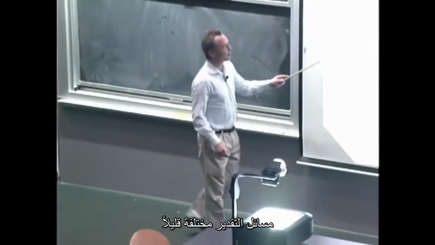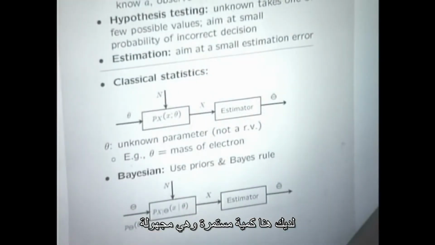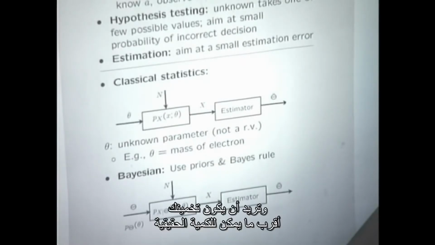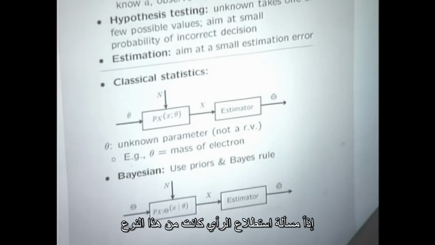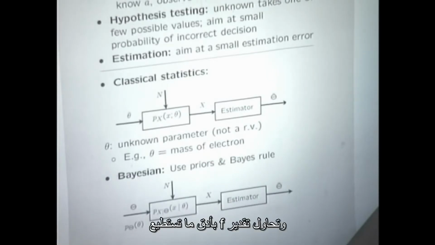Estimation problems are a little different. Here you have some continuous quantity that's not known, and you try to make a good guess of that quantity, and you would like your guess to be as close as possible to the true quantity. So the polling problem was of this type. There was an unknown fraction f of the population that had some property, and you try to estimate f as accurately as you can.